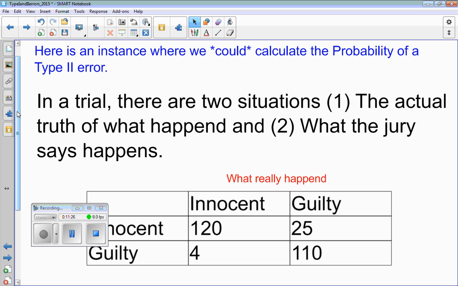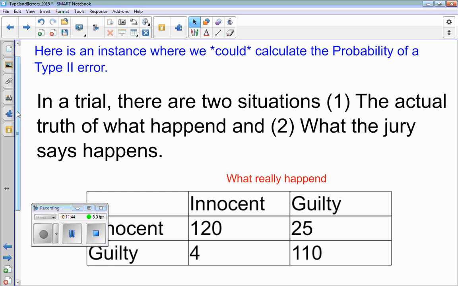Okay? In a trial, there are two situations. The actual truth of what happened, which we may never actually know because no one was at the murder scene, right? And then what the jury said happened.